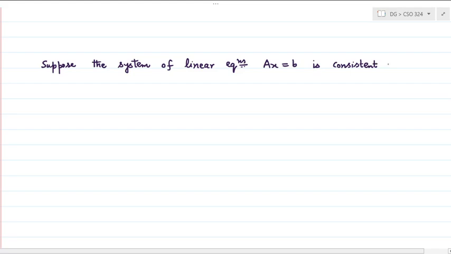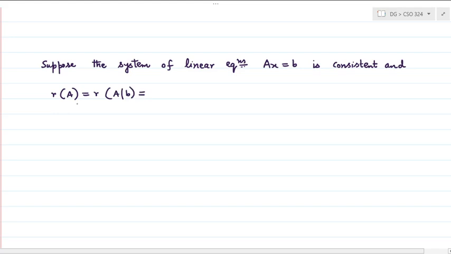So suppose the system of linear equations Ax equals b is consistent, and precisely we let the rank of A be equal to the rank of the augmented matrix.